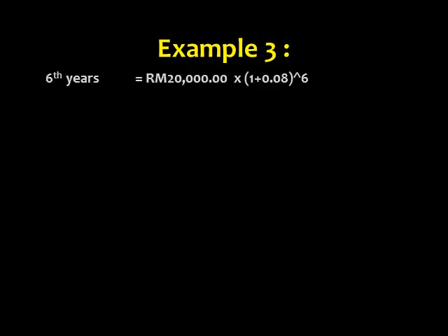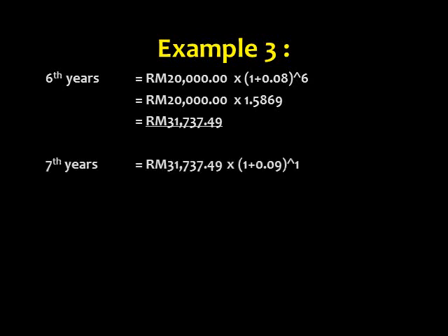For the 6 years period, 20,000 times 1 plus 0.08 power of 6, because for the first 6 years the return is 0.08, which is 8%. So the amount is 31,000 something. We carry this forward for 7 years, which is another 1 year, so 1 plus 0.09 power of 1.